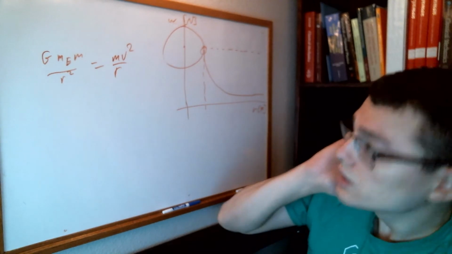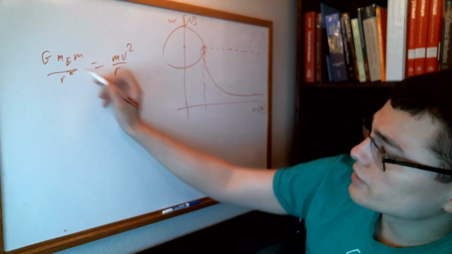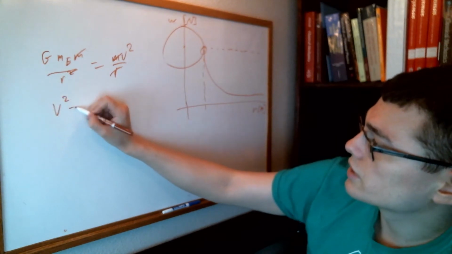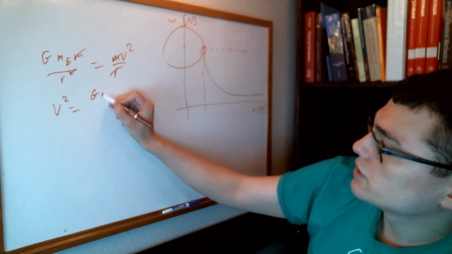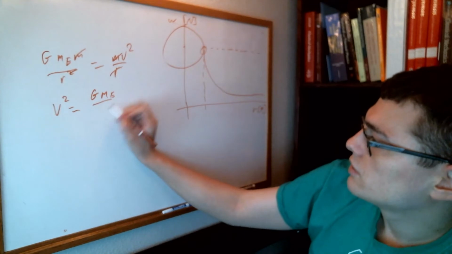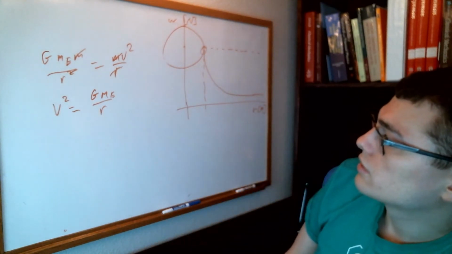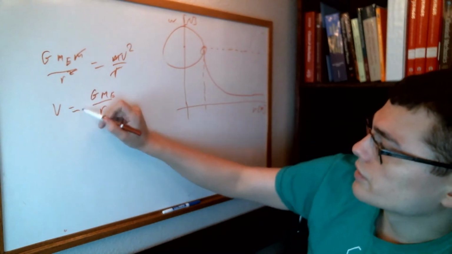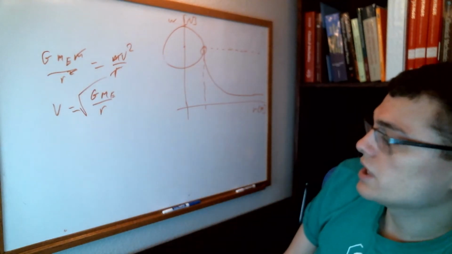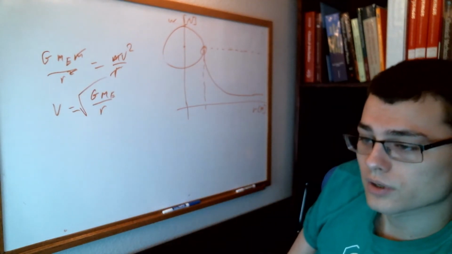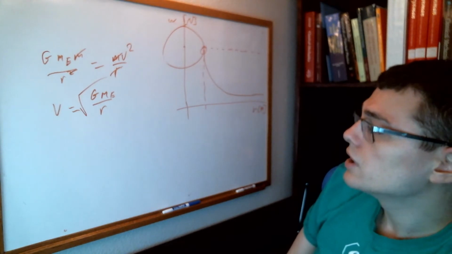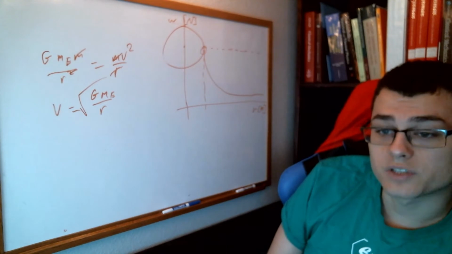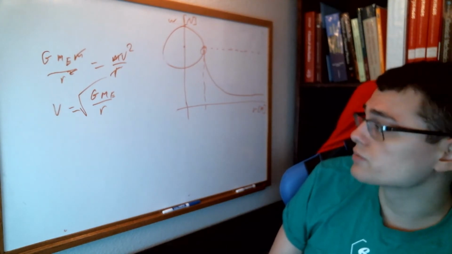And so we can do a couple things. We can get rid of the r's here, and we can get rid of these m's here. And so then we can say that v squared is going to be equal to G M_E over r. And so then we can very quickly take the square root and just take it to the other side. And now we have our velocity for a circular orbit. And we see that the mass of the Earth is going to be constant, and our gravitational constant is a constant. That's just what it is.